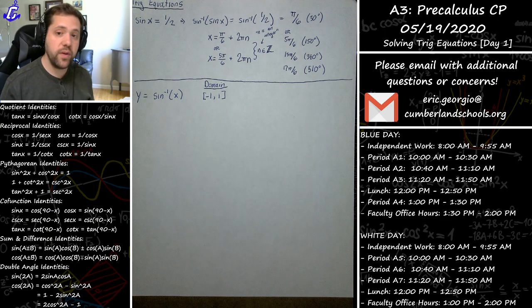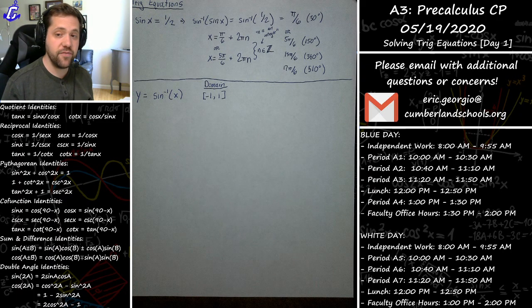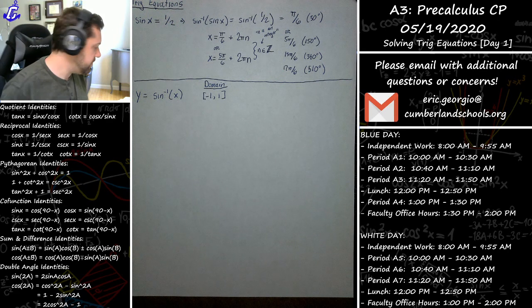Because the lowest the sine value can go on the unit circle is -1, and the highest it can go is +1, right? So your domain of the sine inverse function is from -1 to 1. You can't take the sine inverse of 3, right? No angle has a sine value of 3, so that wouldn't make any sense, okay?